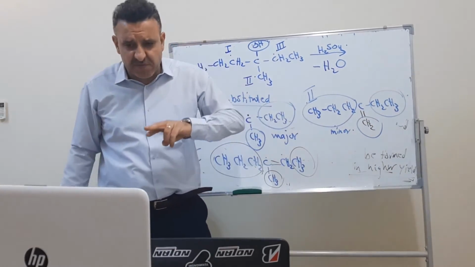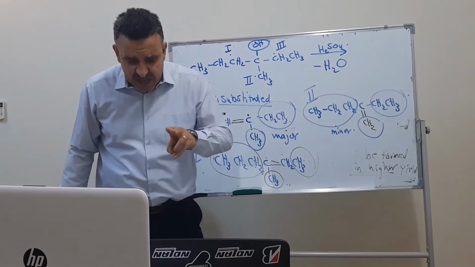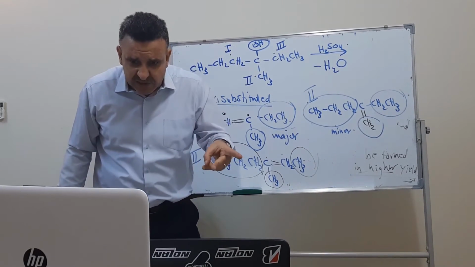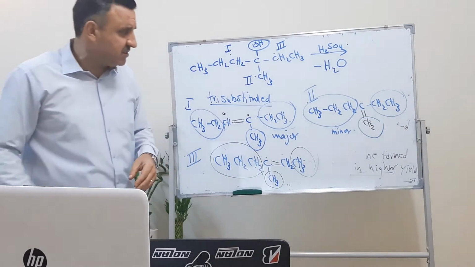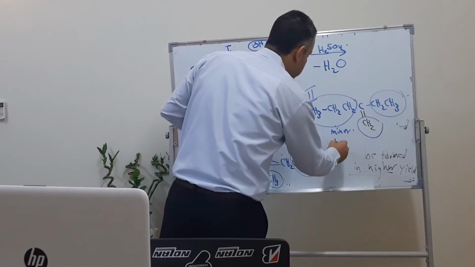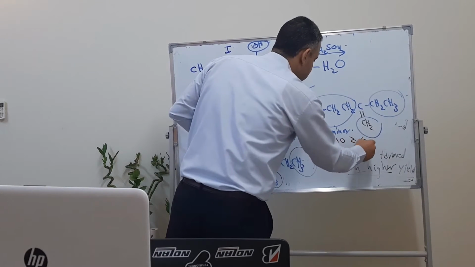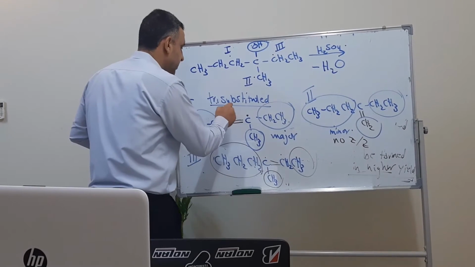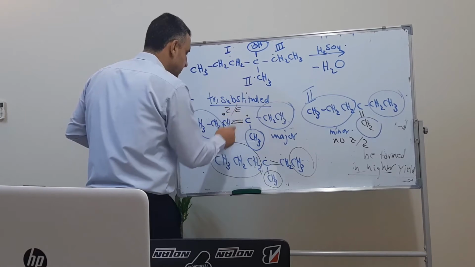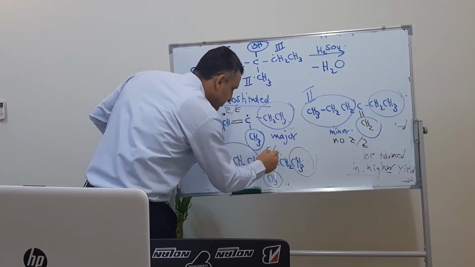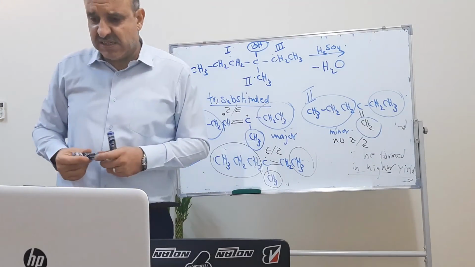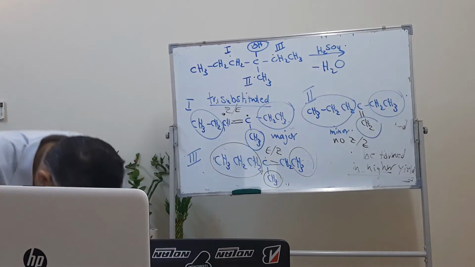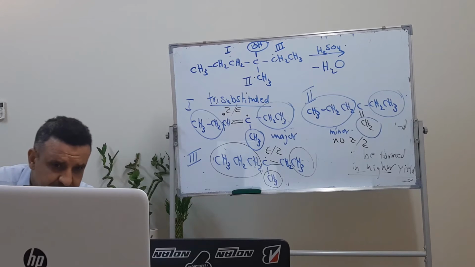Whenever you have one of the carbon double bond carbon system attached to 2 identical atoms, then there is no E and Z, or there is no cis-trans. So here there is no E or Z, but here there is E and Z. There is here E and Z, but in this case there is no E and Z possibility. Is that clear, guys?